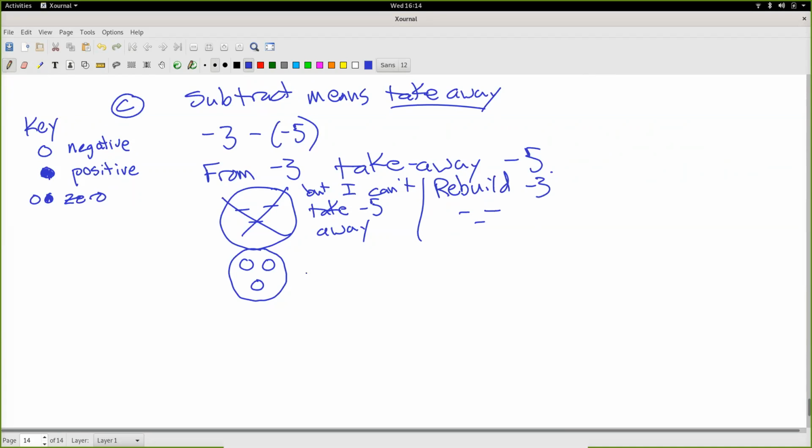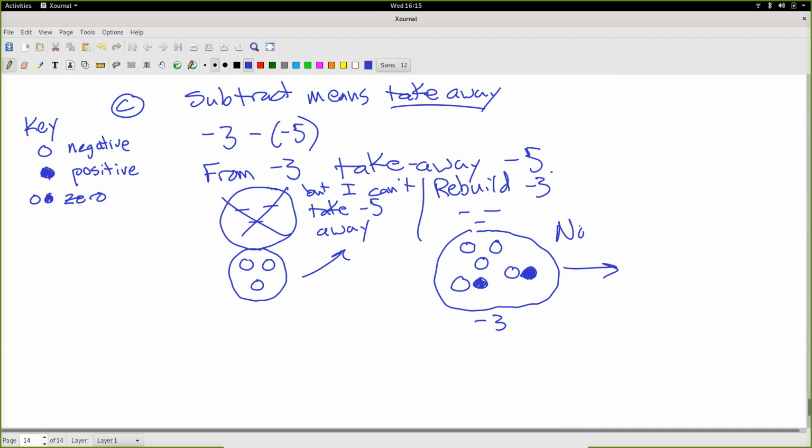So we're still going to follow those directions, and then over here we're going to throw in some zeros. That's still -3, but I don't have -5 to take away, so I do it again. So this, oops, accidentally erased it. This is my set. This set right here still has a charge or a net value of -3 because I have a couple of zeros in there.